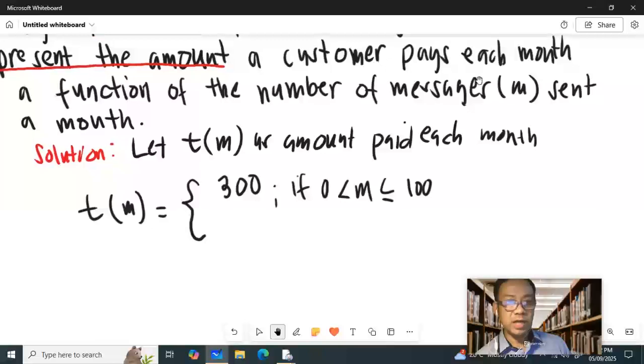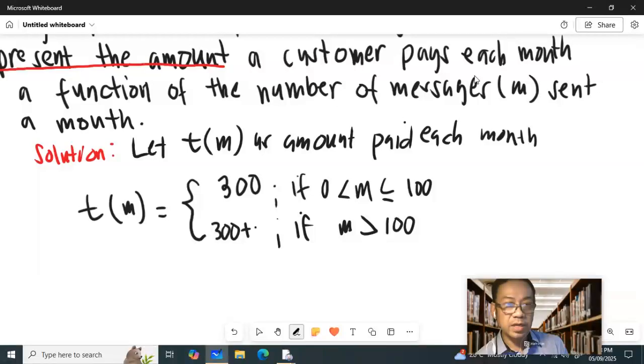So it means our second condition, if the message is more than or greater than 100 text messages, the 300 pesos will have an additional cost, which is 1 peso for every excess of 100 text messages. Okay? So therefore, this is our final answer.